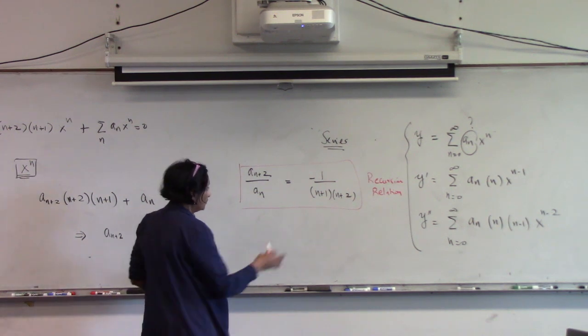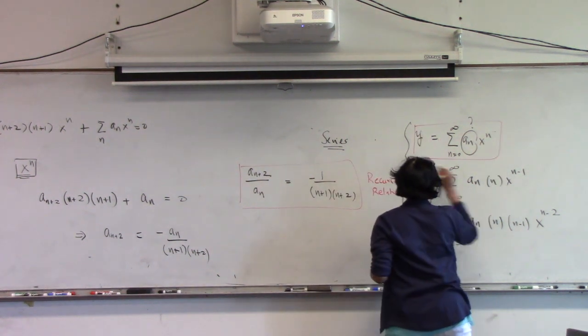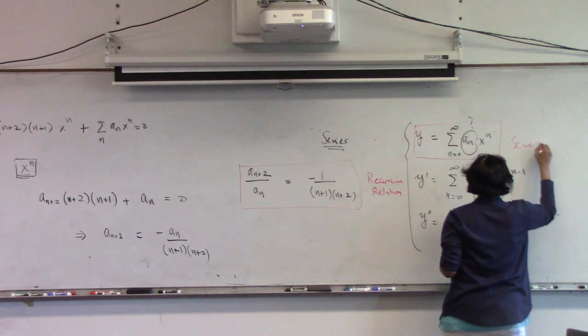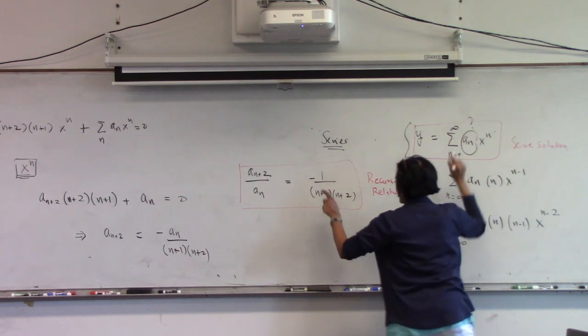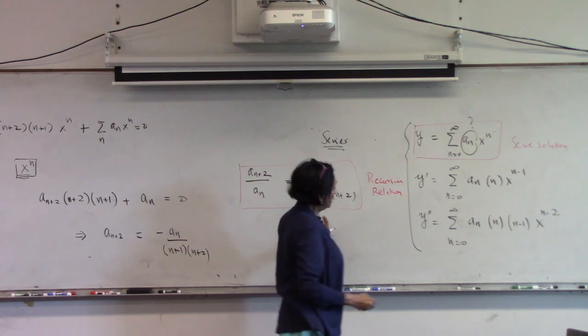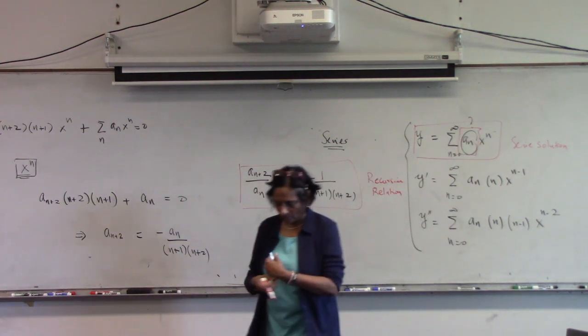All right, so this is a solution that we propose, a series solution. I have this recursion relationship, and from there, how do I guess this coefficient? That is the goal at this point.